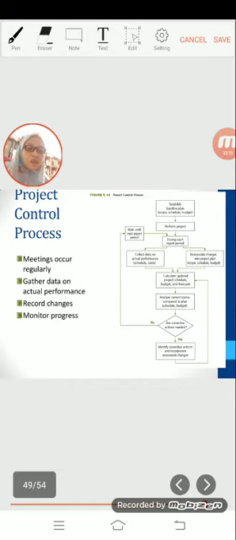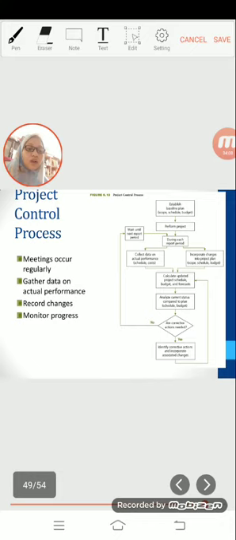The project control process involves regularly gathering data on project performance, comparing actual performance to planned performance, and taking corrective action immediately if actual performance lags behind planned performance. This process must occur regularly throughout the project. Establish regular reporting meetings to compare actual to planned progress.